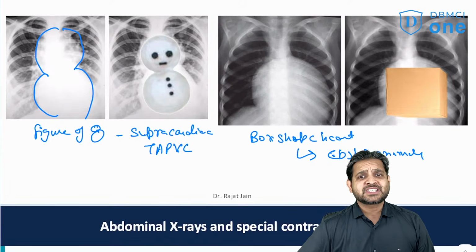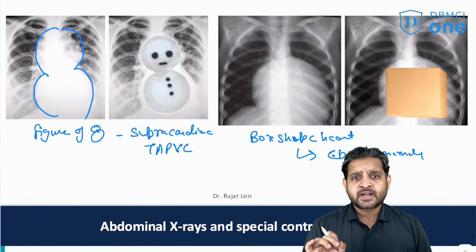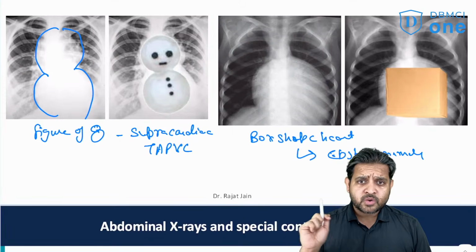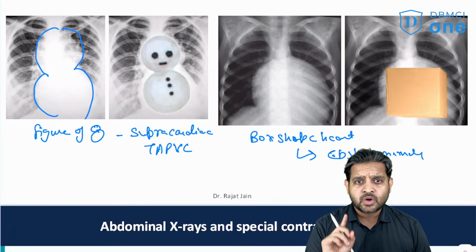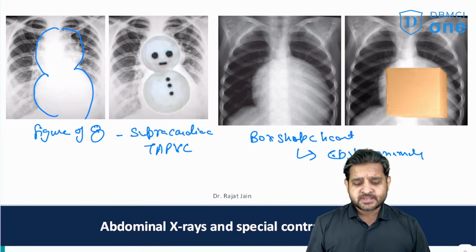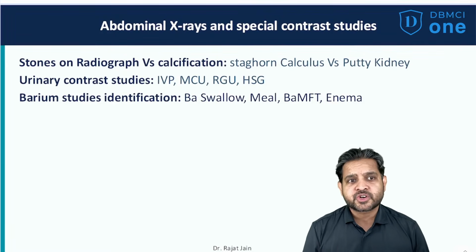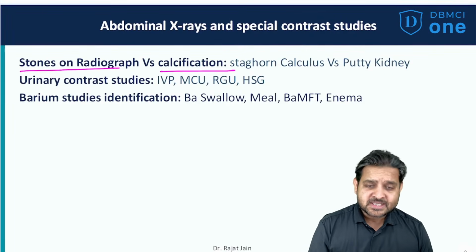So as far as the chest is concerned, these are the common chest X-rays that are expected from you in the exam. So make sure that when you are going for the exam, you have ticked the checkbox that you have revised all of them. Now what are the other X-rays that can be asked in the exam? These include abdominal X-rays and the special contrast studies. In the abdominal X-ray and special contrast studies: stone on radiograph versus calcification.